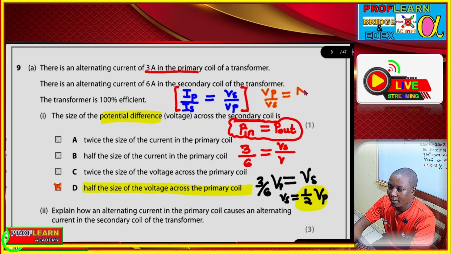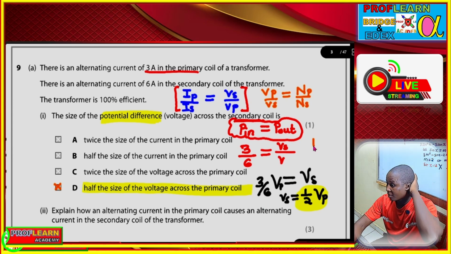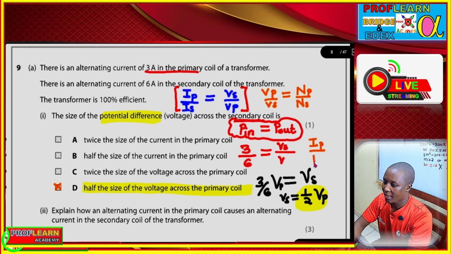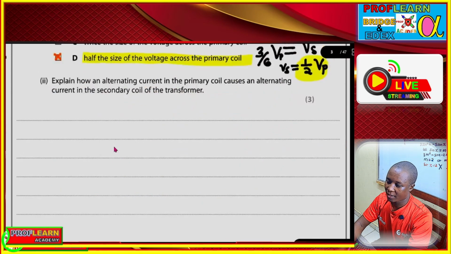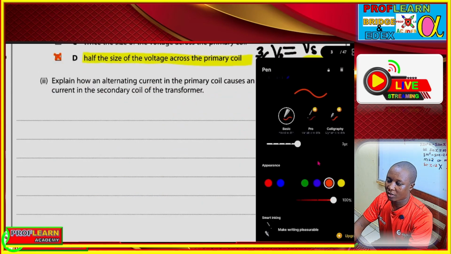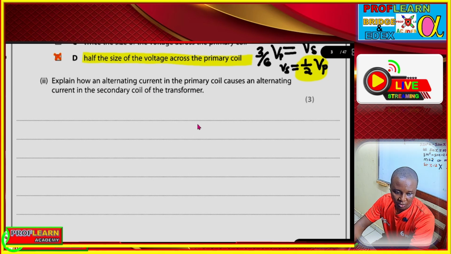All right, and the next part, another formula that you really need to remember as far as this area is concerned is voltage in the primary coil over voltage in the secondary coil equals the number of turns in the primary coil over the number of turns in the secondary coil. All these formulas are provided, so we are not going to cram them in order to answer questions.